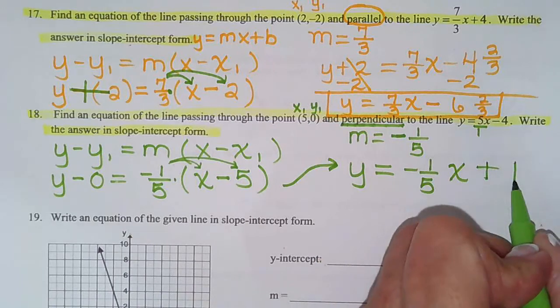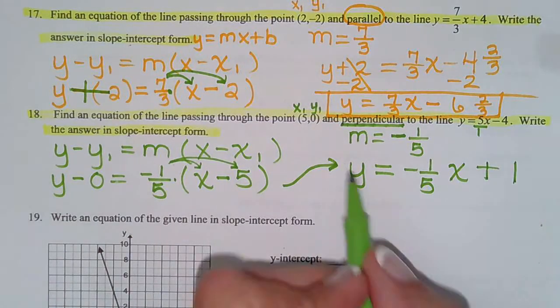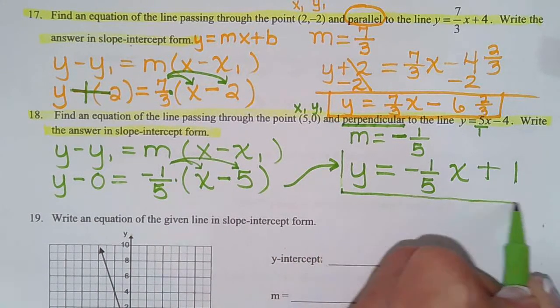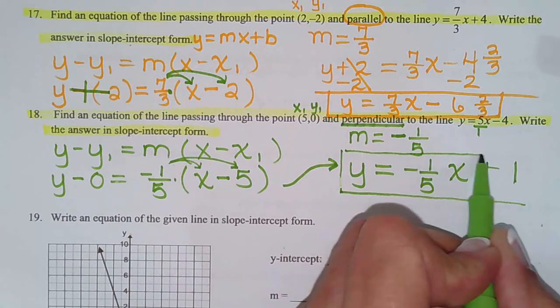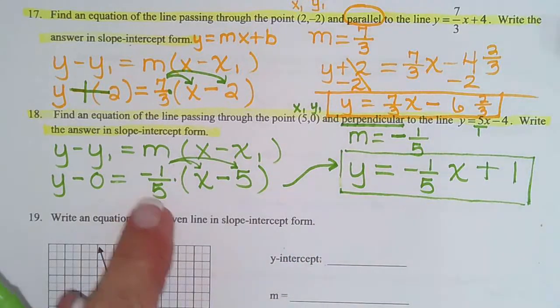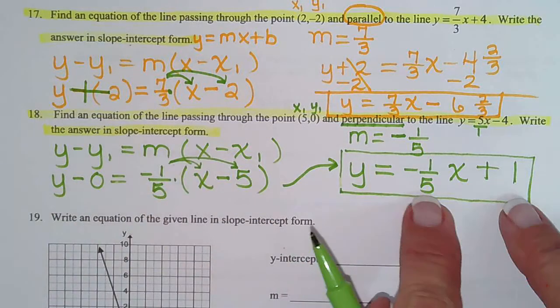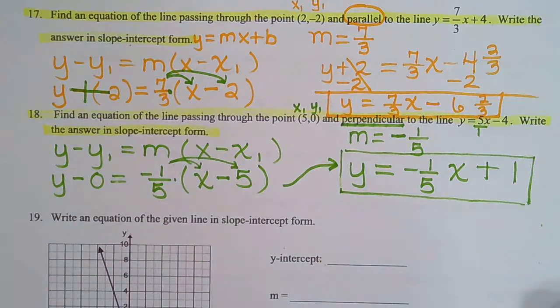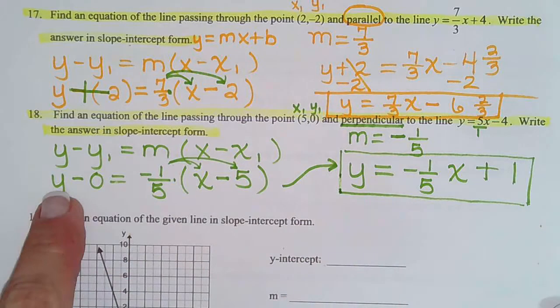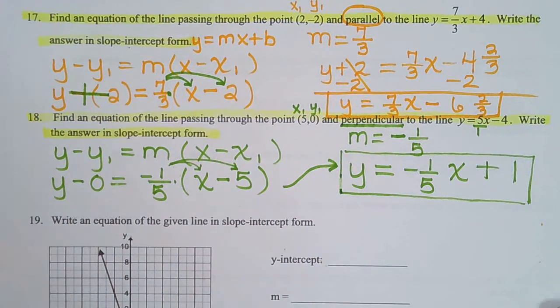And look at, it's already solved for y. I'm done. Yay! So that goes in place of m. Put your point in, distribute. Already solved for y, and the reason it was already solved for y is because y minus 0 is just y.